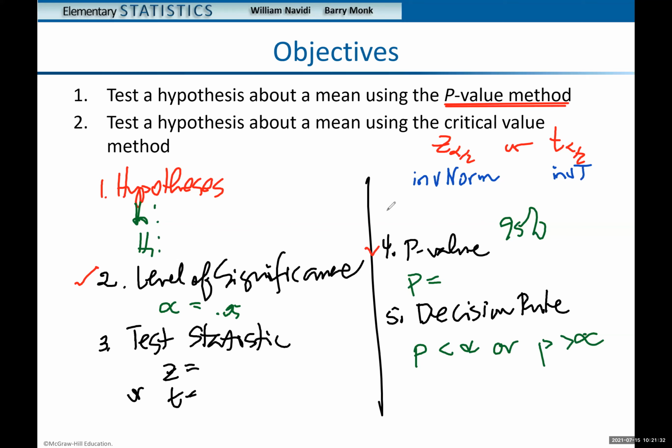That's why you also need to have your p-value, because you're going to compare those for step number 5. Whatever your alpha is, whatever your p is, you need to use it here. If your p-value is less than your alpha, this is reject the null hypothesis. If your p-value is greater than your alpha, do not reject H0.